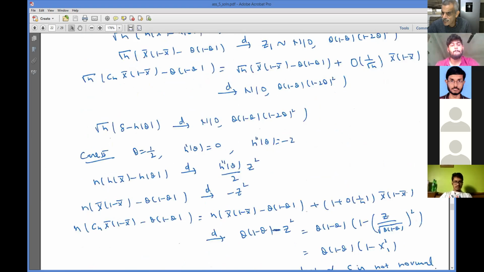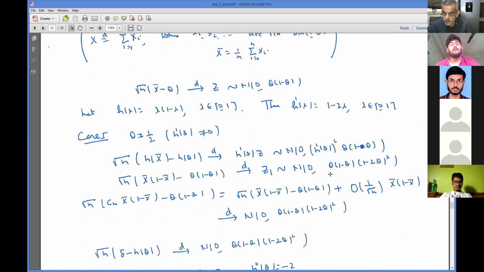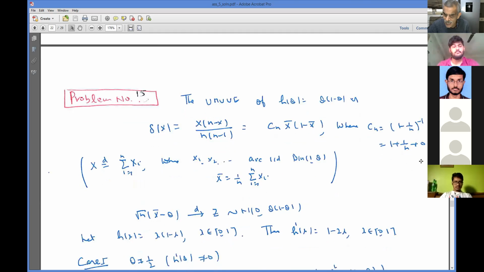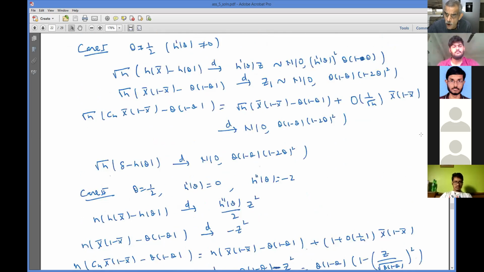X bar into 1 minus x bar is bounded, so I have to only see the order of root n into (Cn minus 1). Cn minus 1 is 1 upon n plus order of 1 by n square. So root n (Cn minus 1) is 1 by root n plus higher order terms, which is the same as big O of 1 by root n.